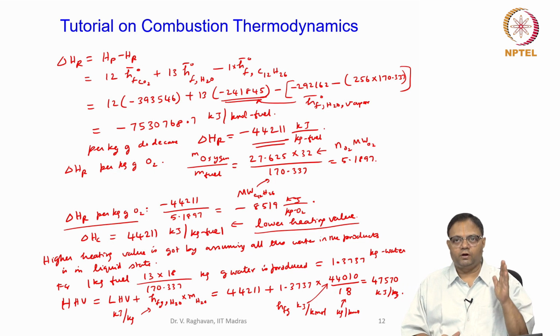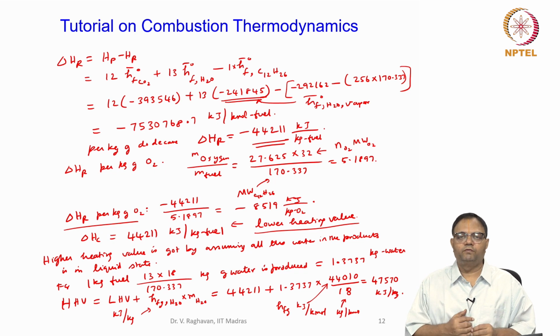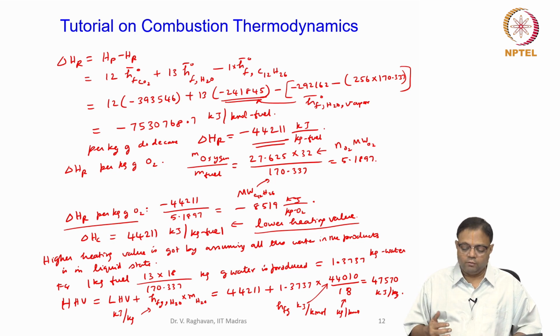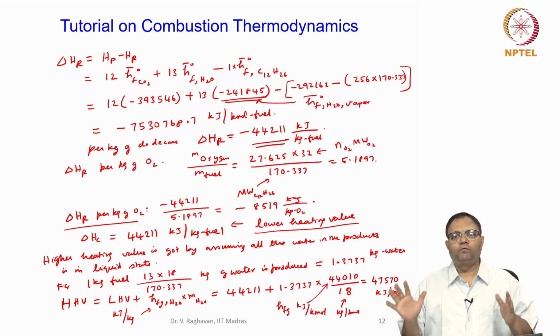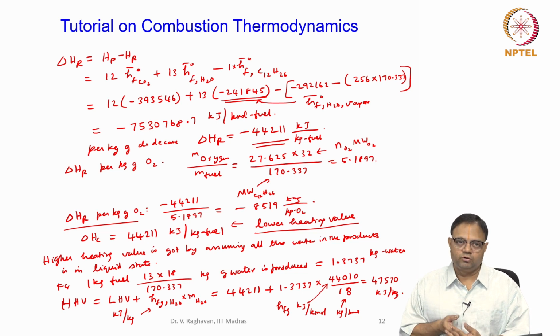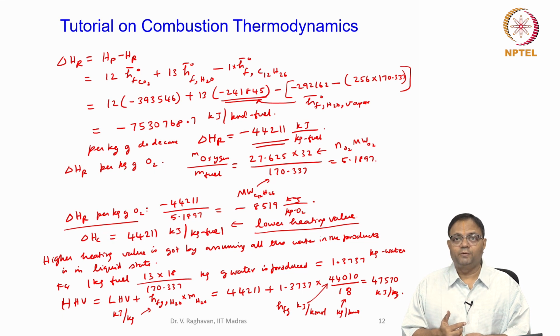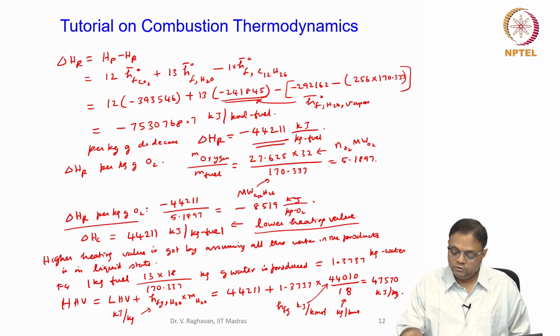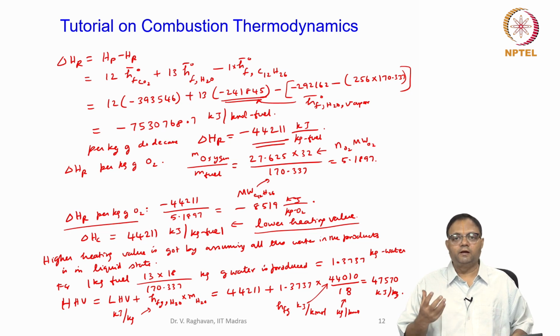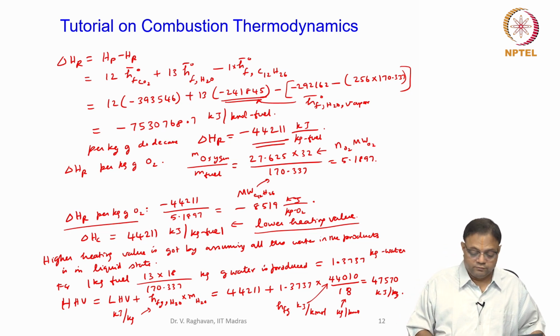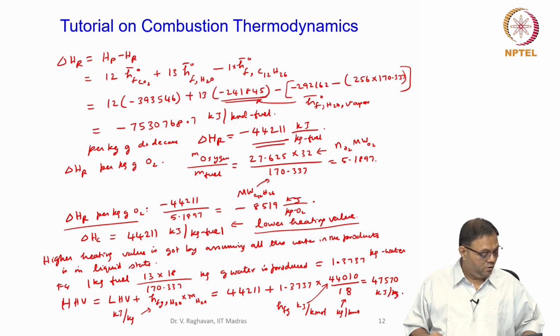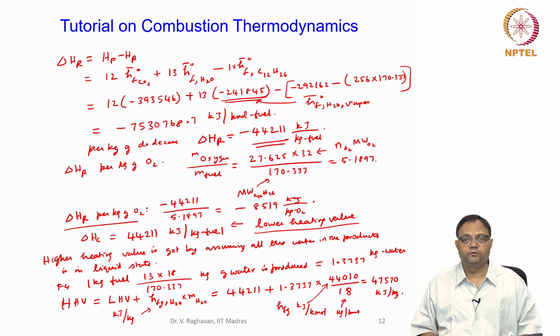Either assume that water is always in the vapor state, which yields the lower heating value, or assume that all the water vapor has condensed into liquid water and substitute the entire formation of liquid water, then you get this value. So the difference is the latent heat of the water. So this is the problem. We will stop here and continue in the next session.